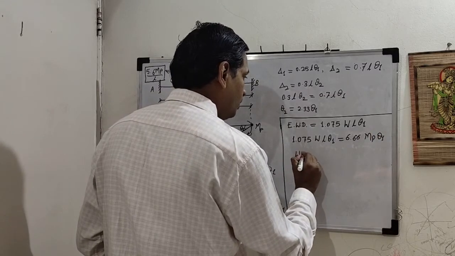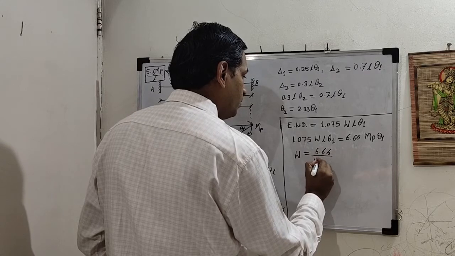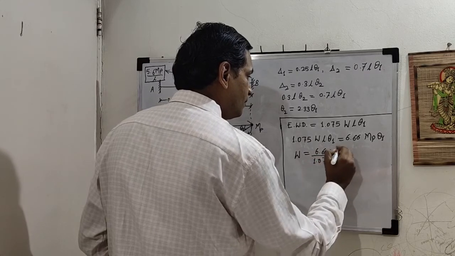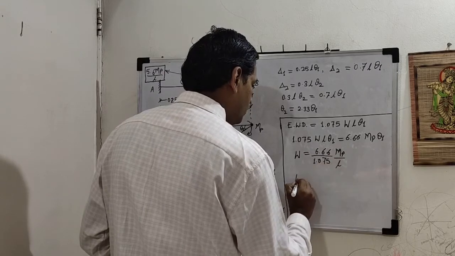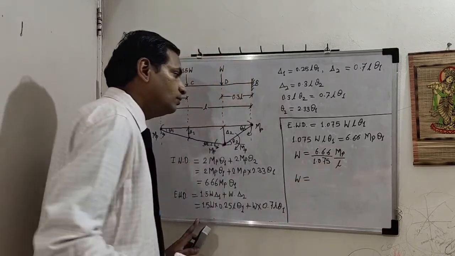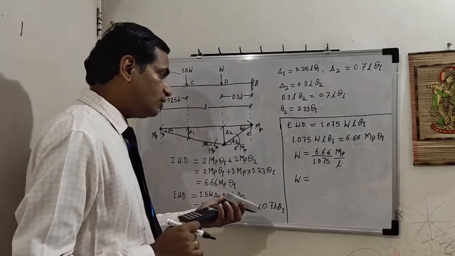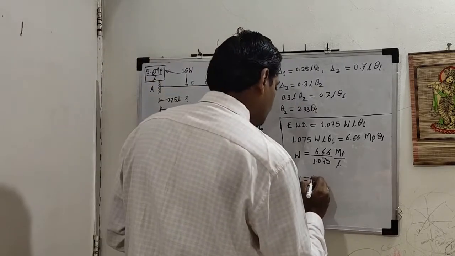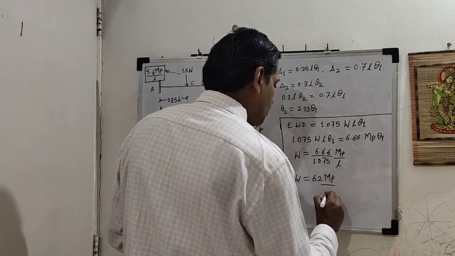So W is equal to 6.66 upon 1.075 MP upon L. So see how much is this ratio. 6.66 upon 1.075, so it is 6.2 MP upon L.